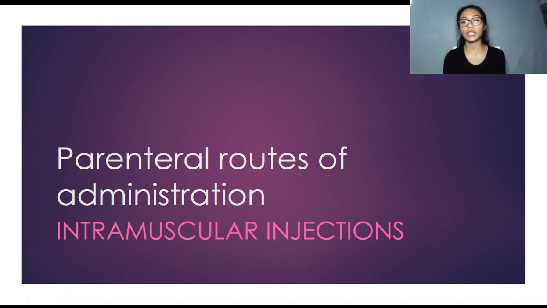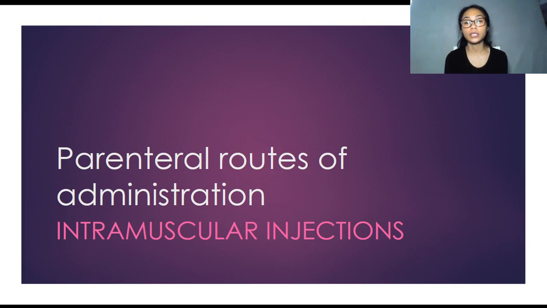So, intramuscular injections. This route provides faster medication absorption than the subcutaneous route because of the greater vascularity of the muscle. Muscle is considered less sensitive to irritating and viscous medications, and there is less danger of causing tissue damage when medications enter deep muscles.